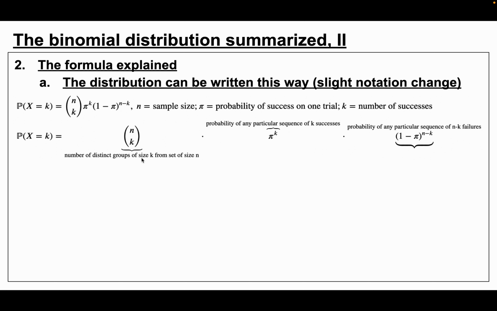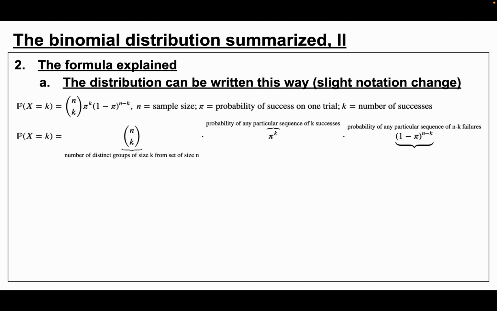And that just happens to be given by n choose k, which is the binomial coefficient, hence the name for the distribution. And that generically gives us the number of ways of forming k distinct groups from a set of n items. Distinct groups of size k. Sorry for saying that in a slightly inaccurate way. So it tells us how many ways we can form groups of size k from a set of size n.